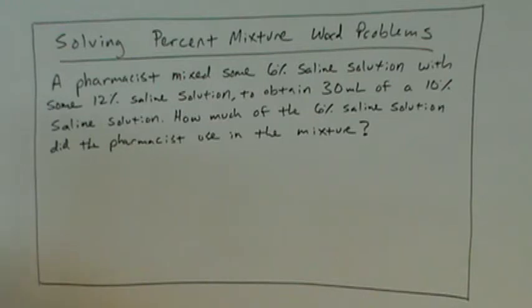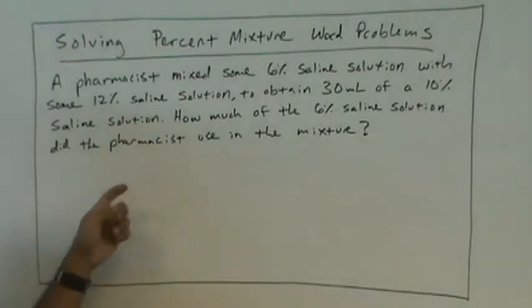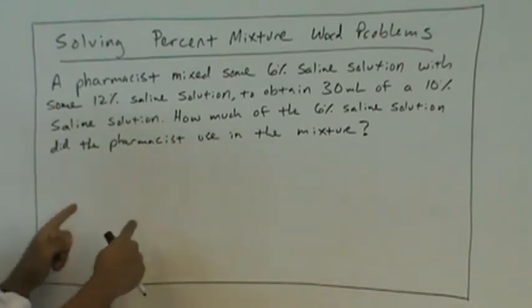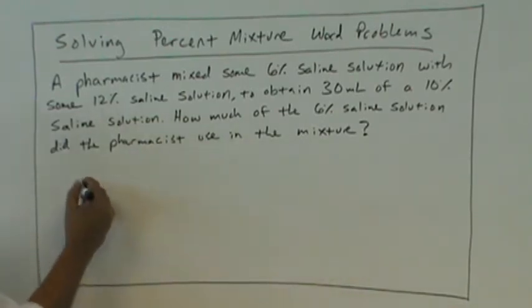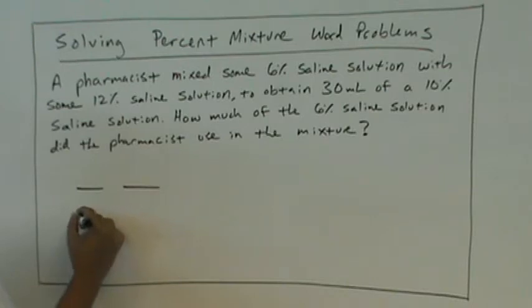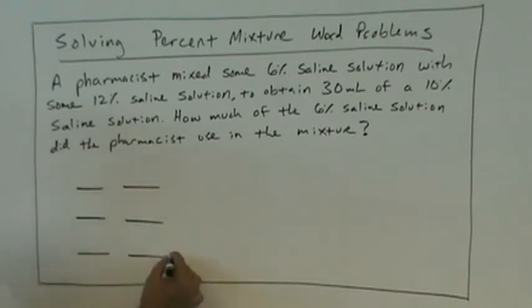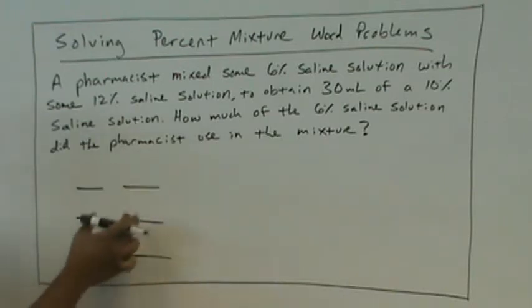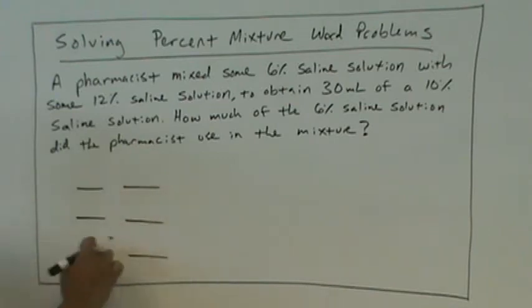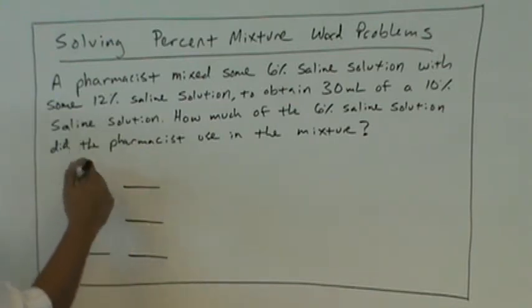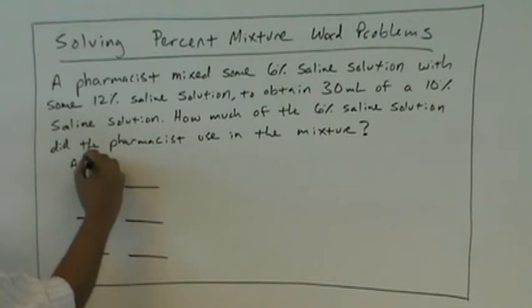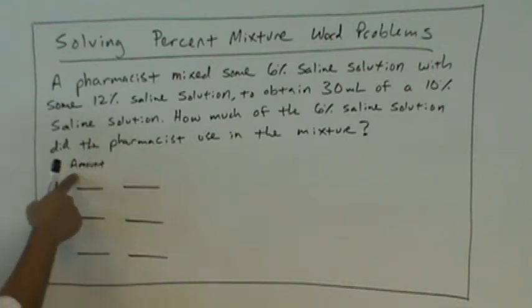I'm going to show you a secret. It makes it real easy. Just like with the distance, rate, time problems, we made a little chart. So we're going to do the same thing. We're going to make 6 lines right here. So we have 2 columns with 6 lines. This first column, we're going to call amount.